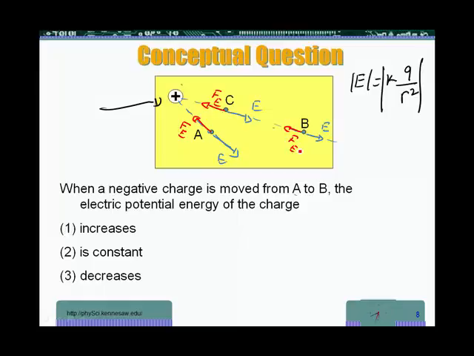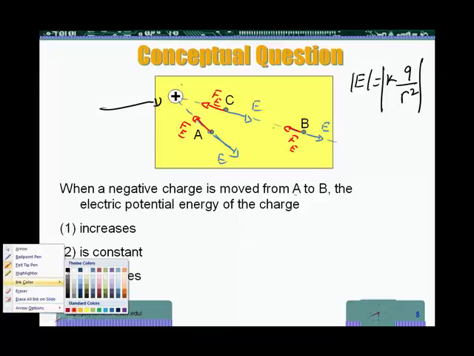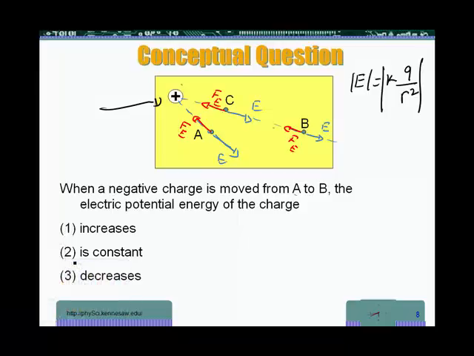Now, to determine if the potential energy is going to increase or decrease, we are going to analyze the problem like we analyzed the other questions. What's the sign of the work done by the electrical force?